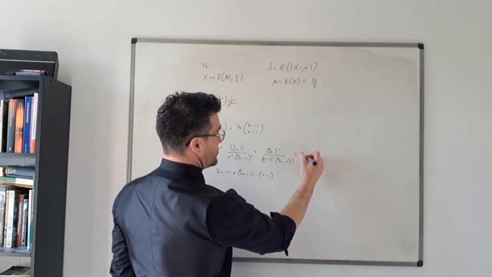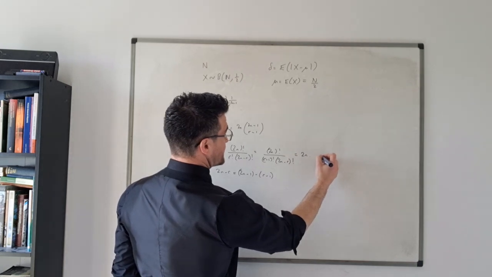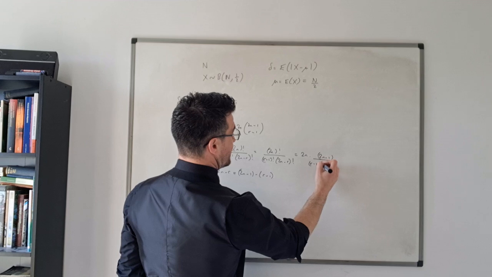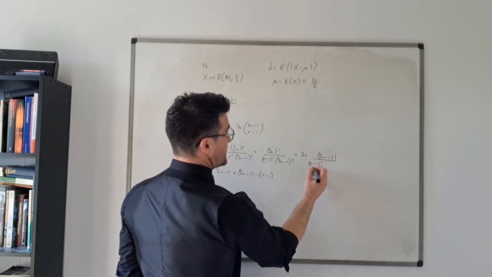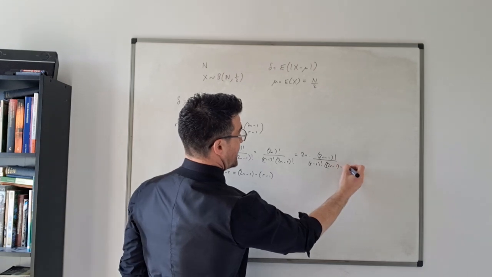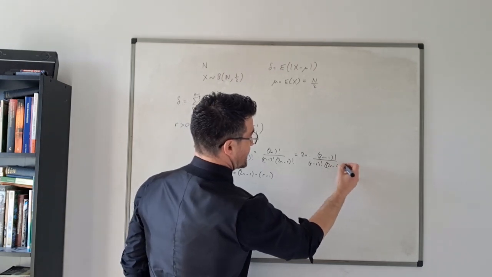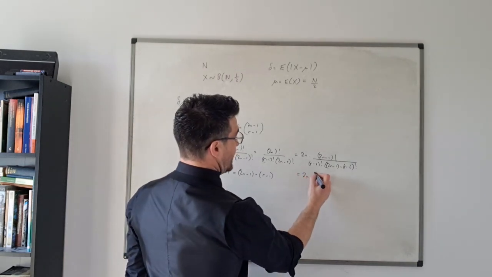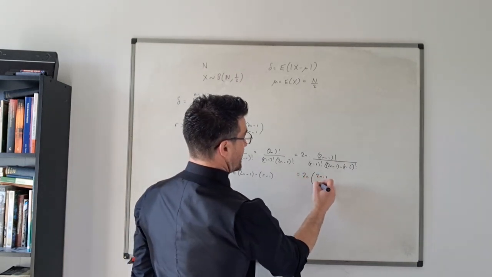So this is equal to 2n times 2n minus 1 factorial over r minus 1 factorial times 2n minus 1 minus r minus 1 factorial, which is exactly what we need: 2n times 2n minus 1 choose r minus 1.